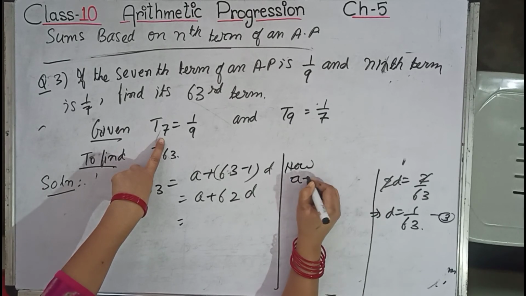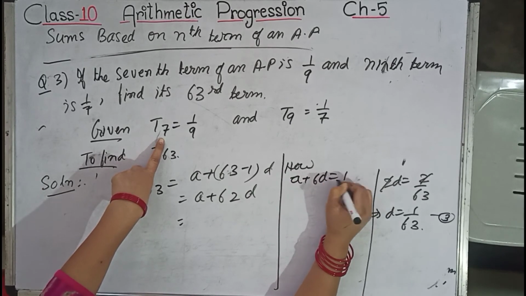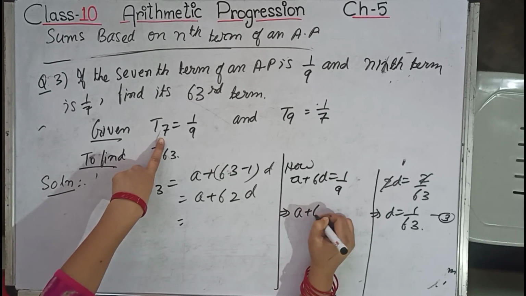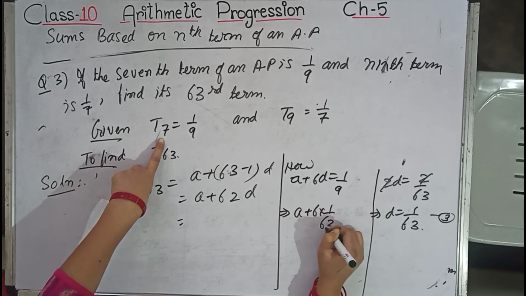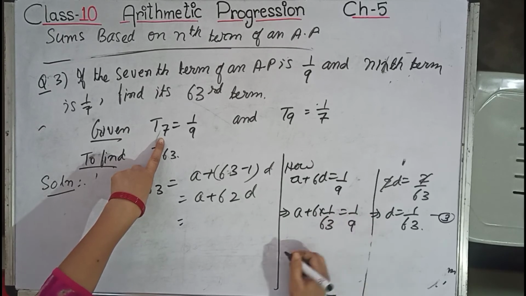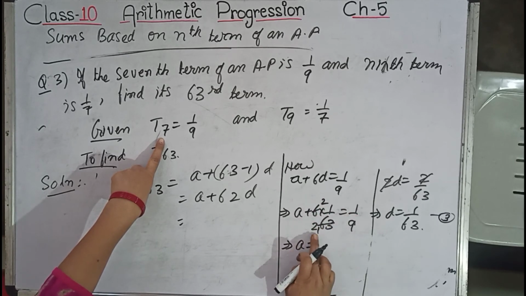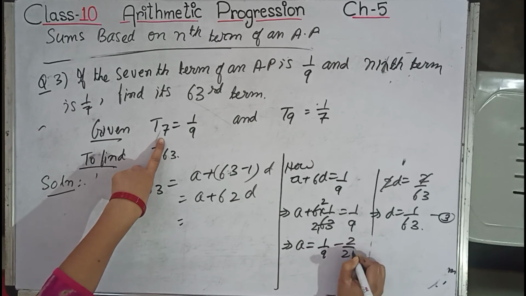Now A plus 6D equals 1 by 9 implies A plus 6 into 1 by 63 equals 1 by 9. This implies A equals 1 by 9 minus 2 by 21.